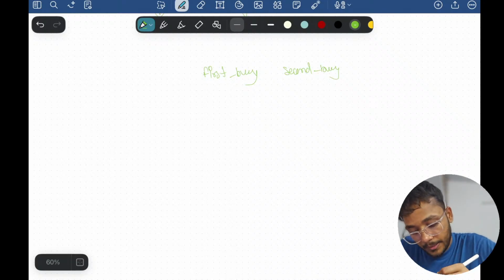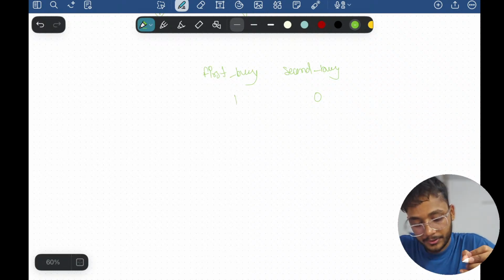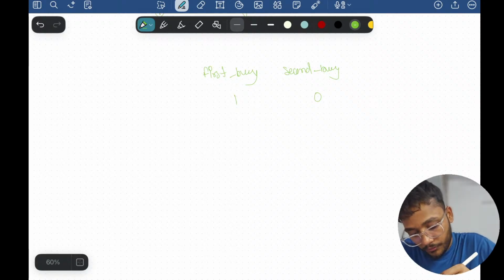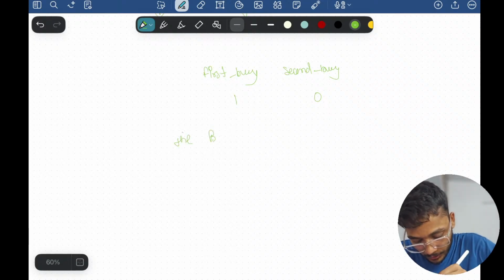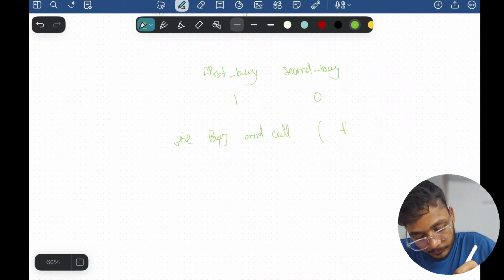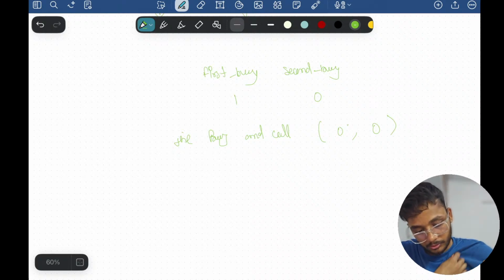At starting, what will it be? It will be 0, you don't have the option of second buy. You will be having 1 at starting, 1 and 0. So what will you do? If it's first buy, then you will buy and call. First buy will become 0, and second buy will be 0, because you don't have any option to buy at starting.